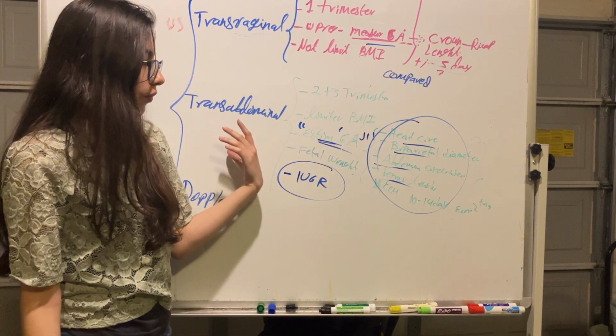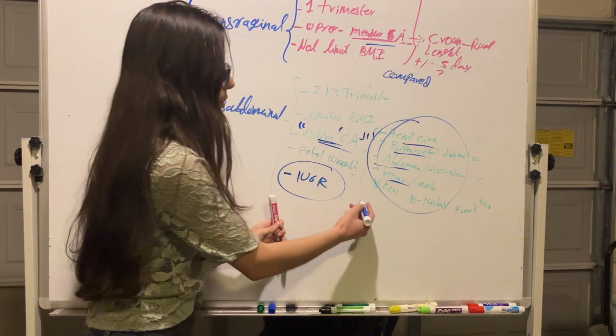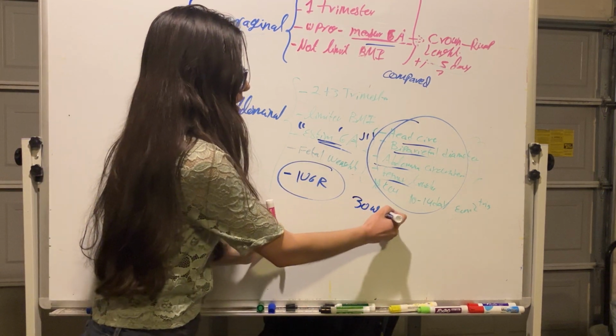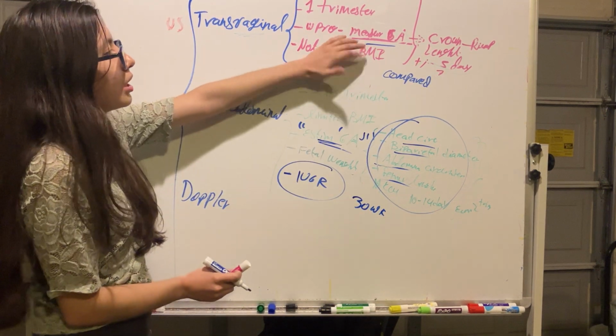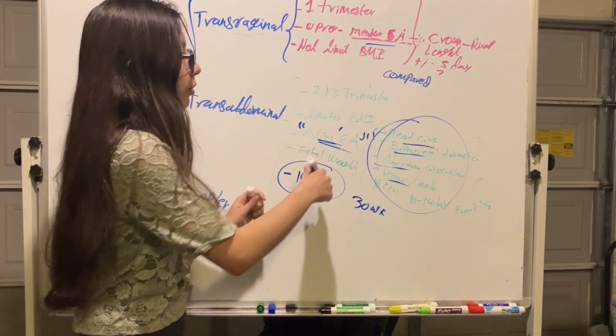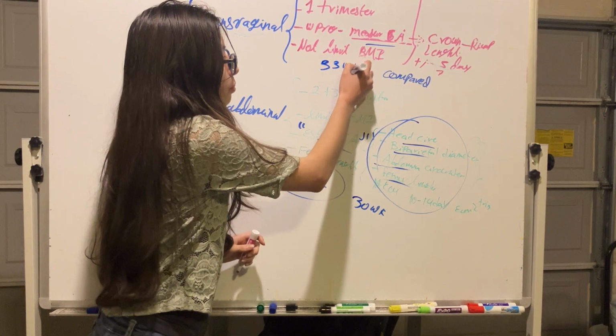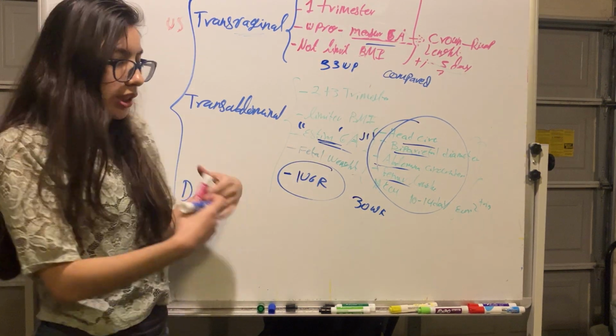So if in a transabdominal ultrasound we have a gestational age of, for example, 30-week gestation, but based on the established gestational age during the first trimester, the patient is 33-week pregnant. What is the gestational age?